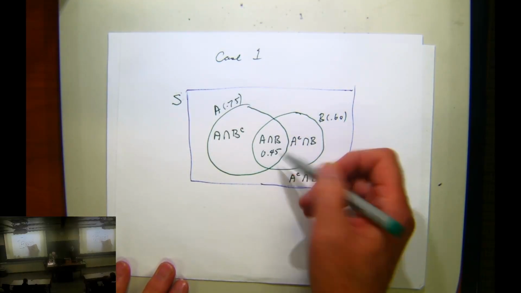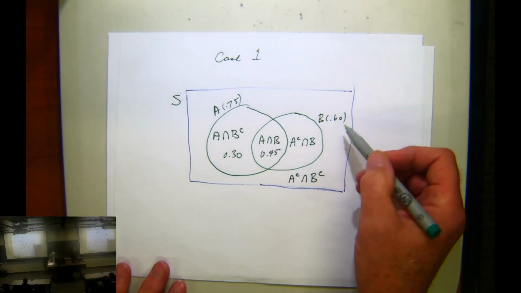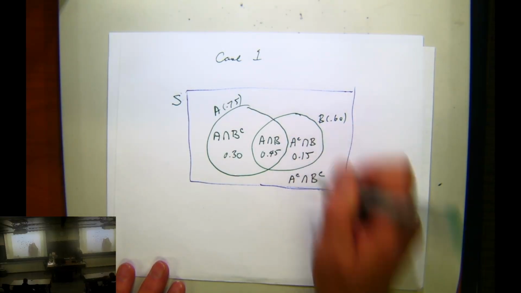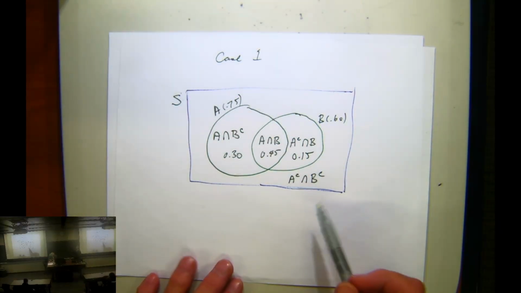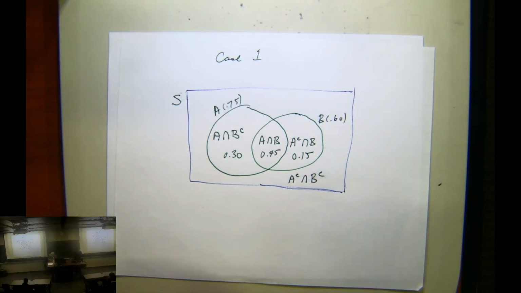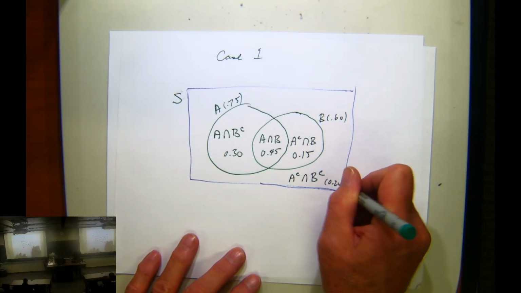If it's 0.45 in here, it's got to be 0.30 in here. And 0.6 minus 0.45, I'm left with 0.15 here. And what's left outside? 0.75, 0.9. Oh, this is going to be 0.20 out here.